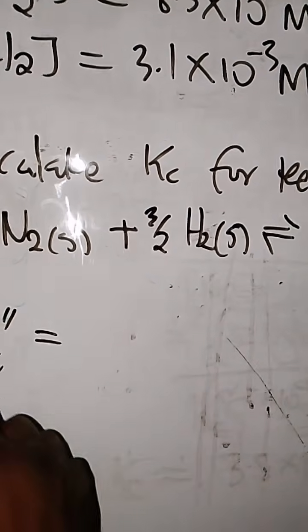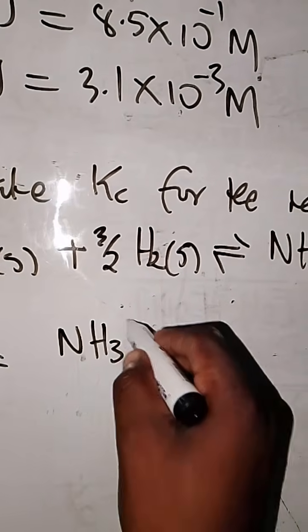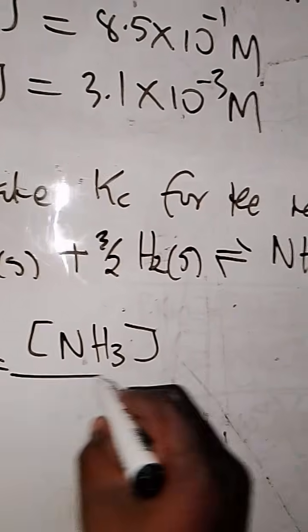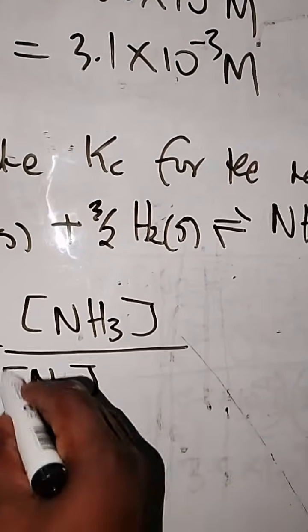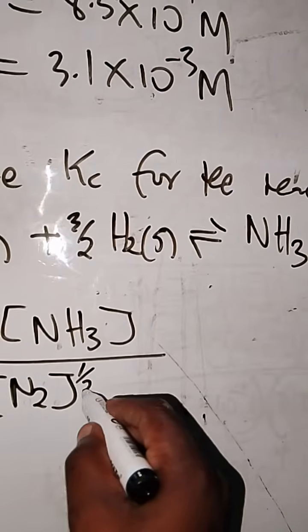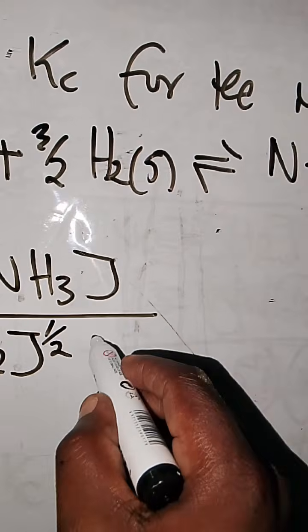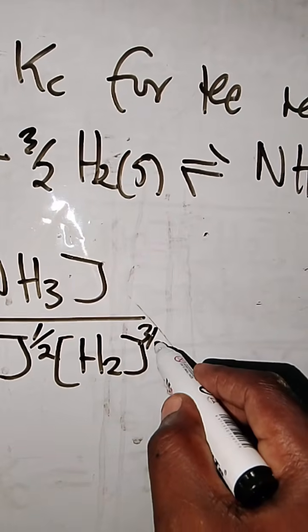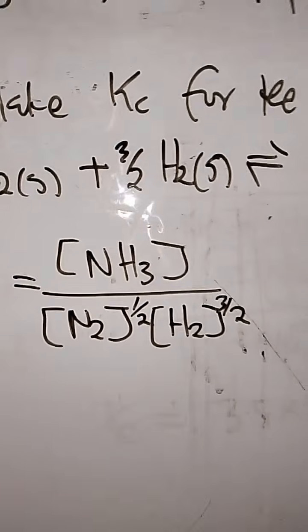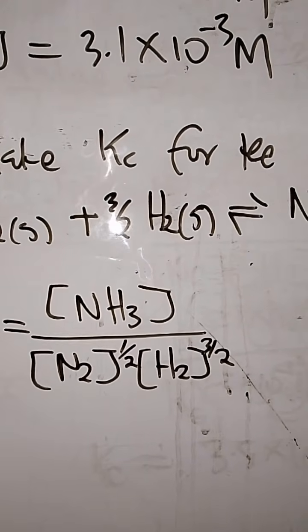Kc double prime will be the concentration of ammonia over the concentration of nitrogen to the power half times the concentration of hydrogen to the power 3/2.